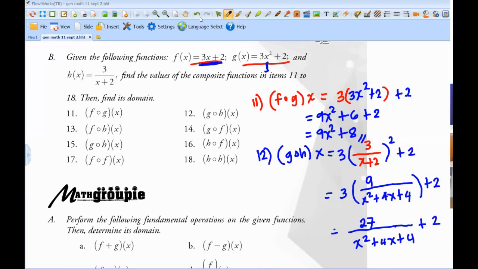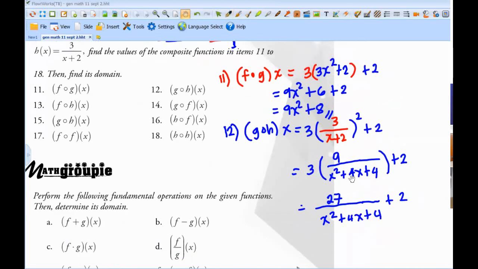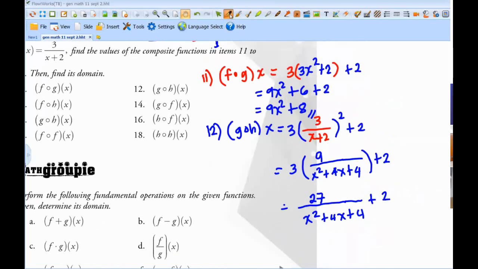Or if you want to make it in a simplified form, we get the LCD, so it will become a single fraction: 27 plus 2 multiplied to x squared plus 4x plus 4, all over x squared plus 4x plus 4.